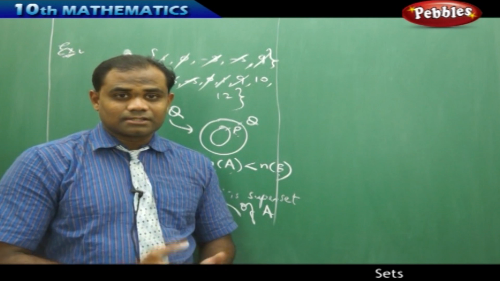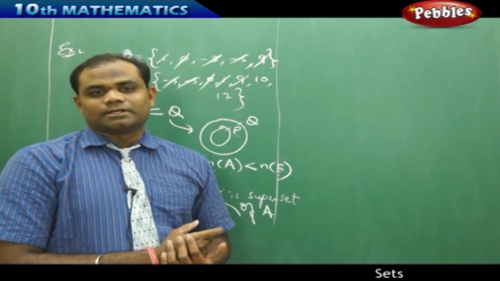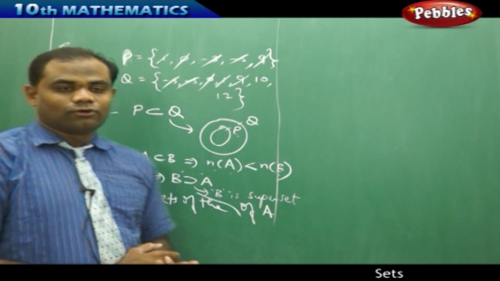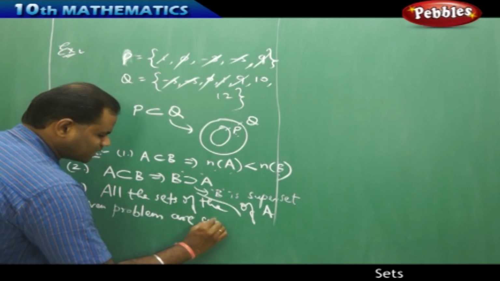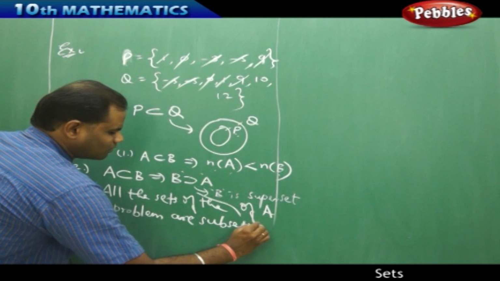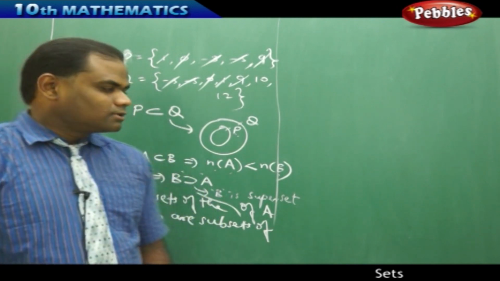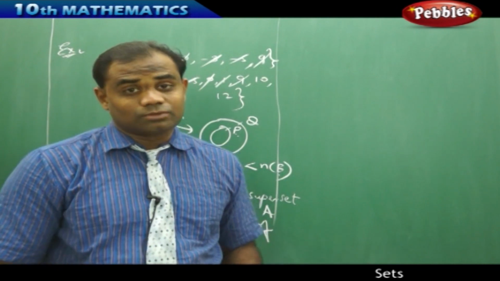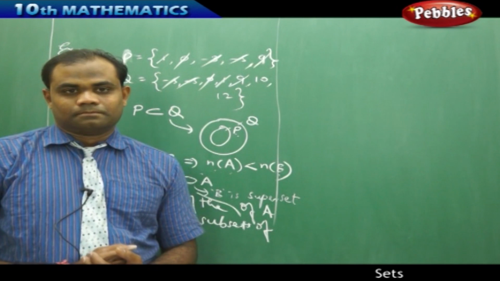Now, when the universal set is the biggest set, all the different sets considered in that problem are subsets of, or part of, the given universal set. Therefore, all the sets of the given problem are subsets of mu, which we know is the universal set. So these are the learning outcomes which we derive by understanding the concepts of subsets and supersets.